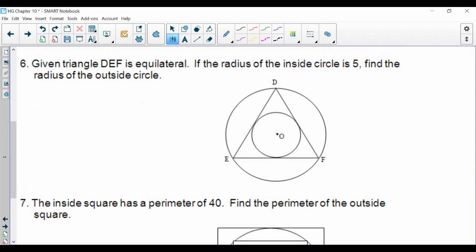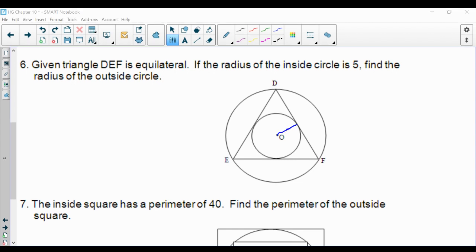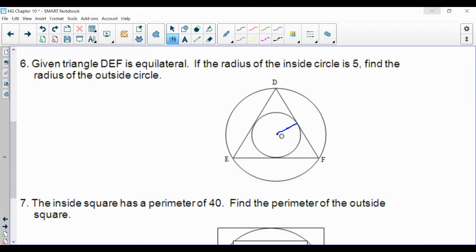All right, so then let's look at number 6. Given triangle DEF is equilateral, if the radius of the inside circle is 5, then find the radius of the outside circle. So we do a very similar process here as what we just did on the last one. And we know this is 5, and then this is the radius we're looking for, okay?